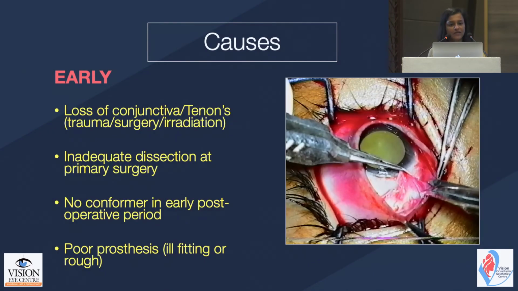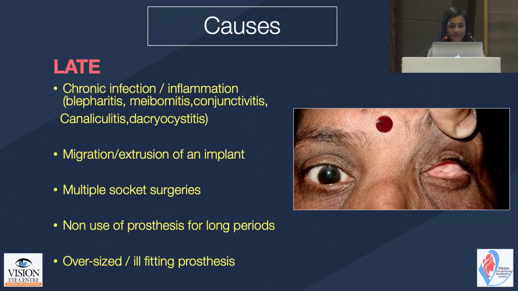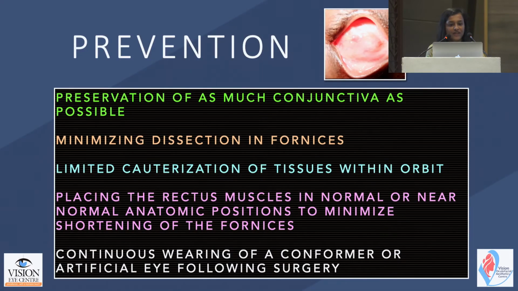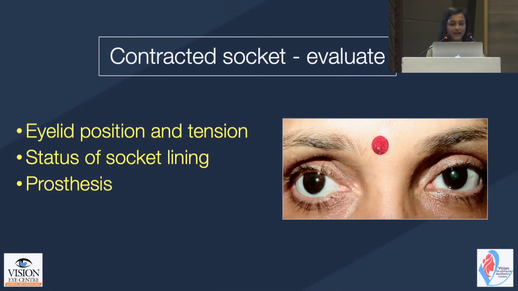This can be because of loss of tenons, inadequate dissection at the primary surgery, or late causes because of multiple repeated surgery, which is a common cause. Prevention of this is preservation of conjunctiva, minimizing dissection in the fornices, limiting cautery, and of course wearing a conformer. If they don't wear the conformer or if they remove it for a long period of time, that can also cause a contracted socket.